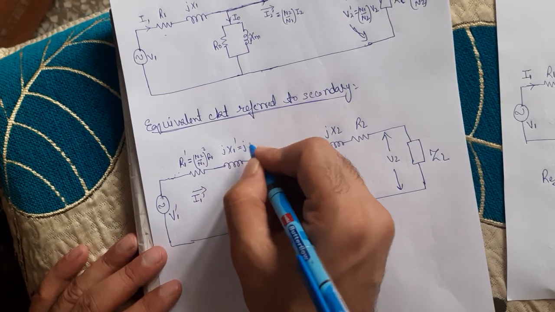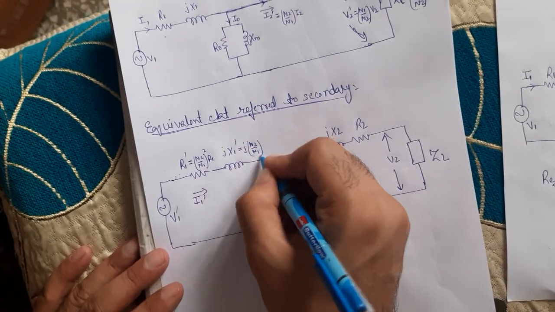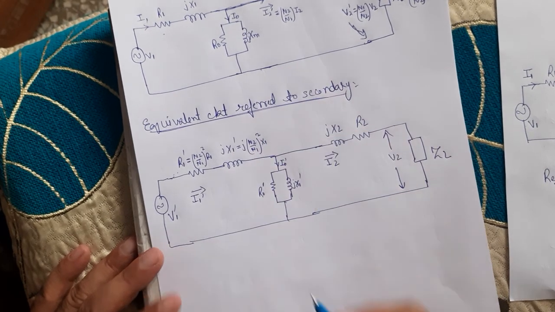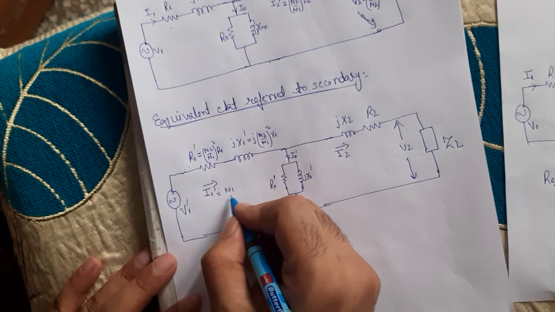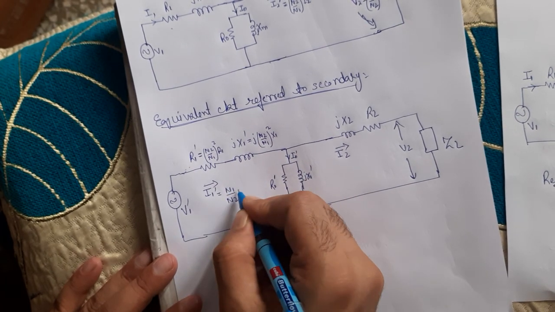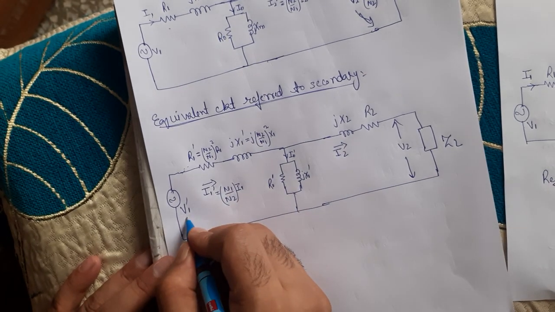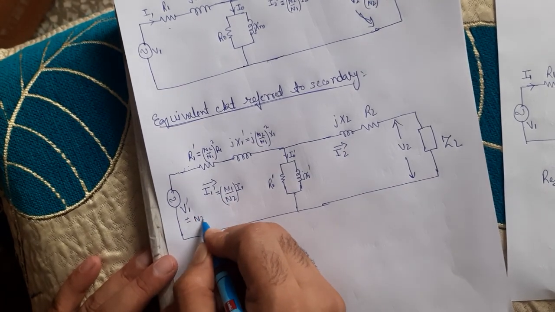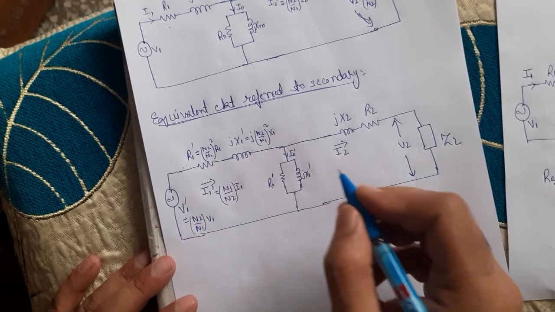This will be j (N2 by N1) whole square X1. I1 dash will be N1 by N2 into I1. V1 dash will be N2 by N1 into V1, with no square term for V1 and I1.